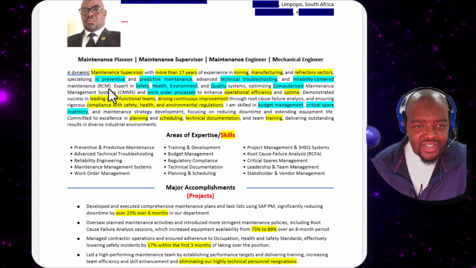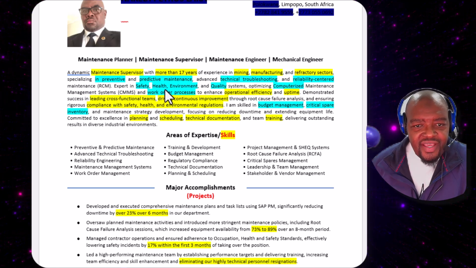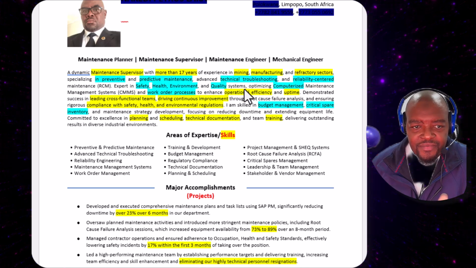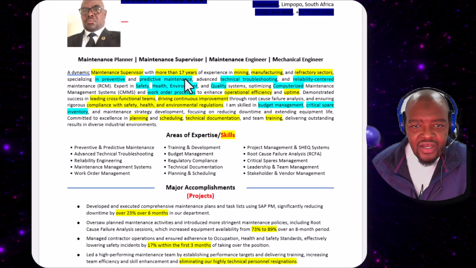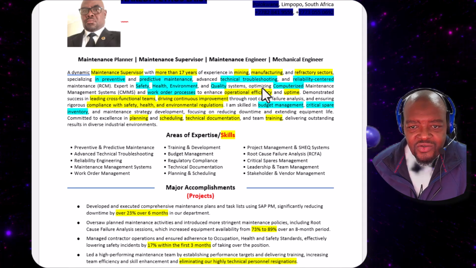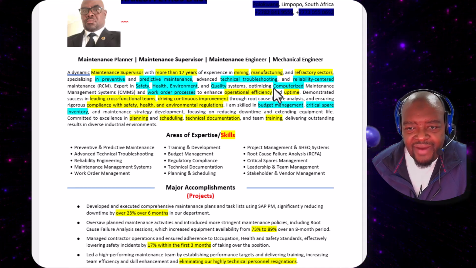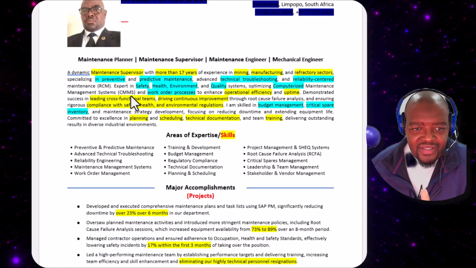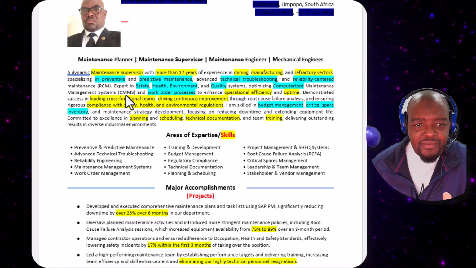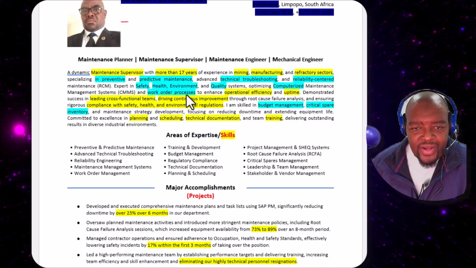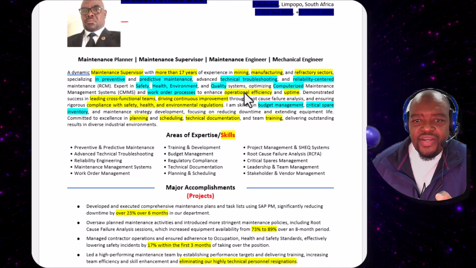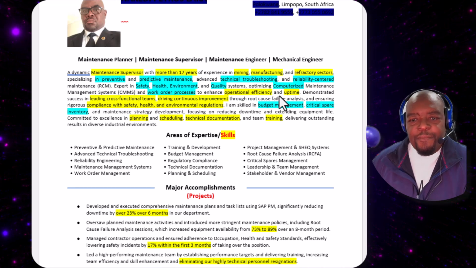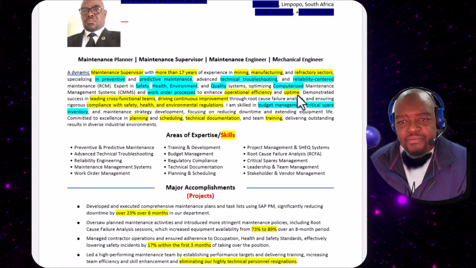areas of specialization. Expert in safety, health, environment, and quality systems. Yes, as a maintenance supervisor, we expect this of you. Optimizing computerized maintenance management systems, which is your CMMS, and work order processes to enhance operational efficiency and equipment uptime.